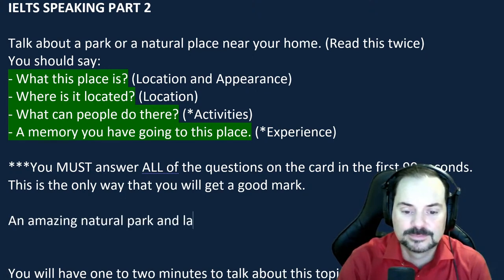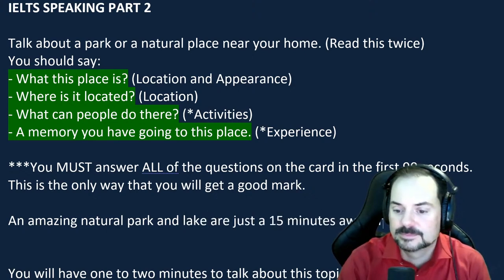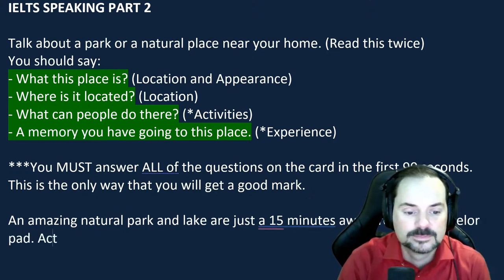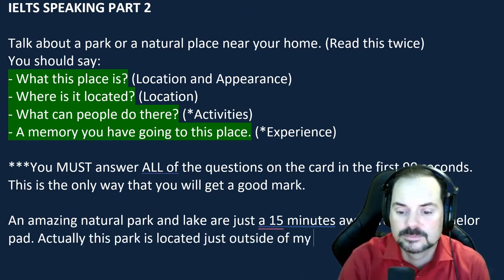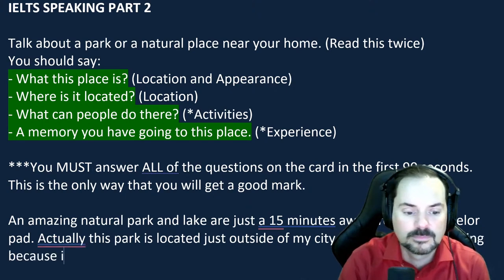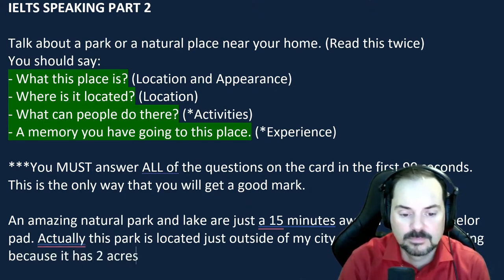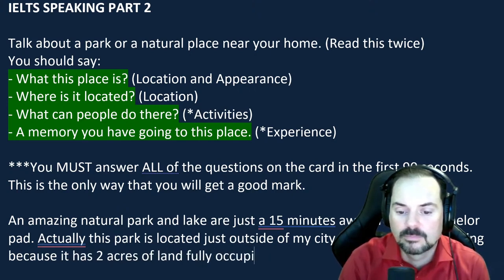Actually, this park is located just on the east side of my city, just 7 to 8 kilometers from this city, and this park looks amazing because it has around 2 acres of land, which is fully occupied with wild grass, as well as a boundary of palm trees and Azadirachta indica trees as well.